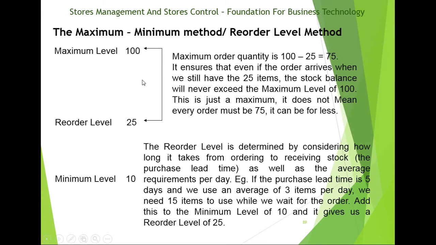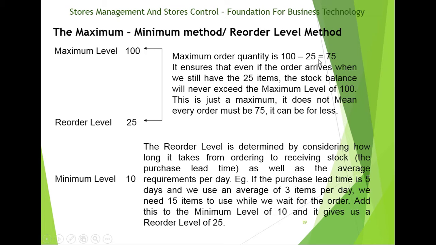So this page illustrates this example with a minimum level of 10, a reorder level of 25, and maximum level of 100. So we calculate the maximum order quantity as 100 minus 25, which ensures that even if the order arrives when we still have the 25, we are not going to exceed 100.